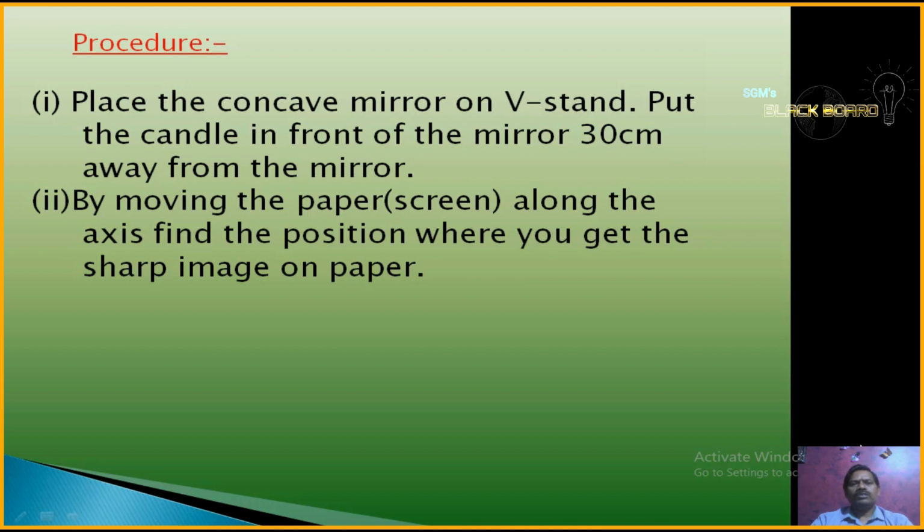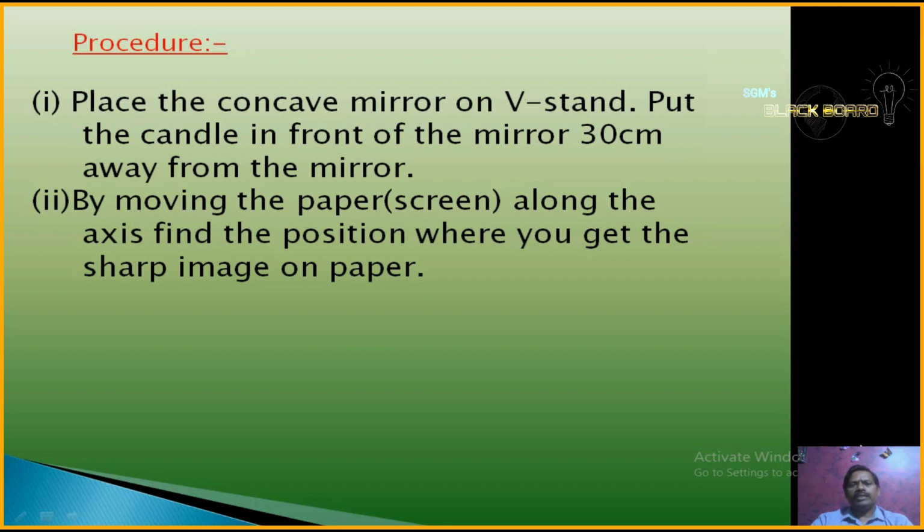In the procedure, first place the concave mirror on the V-stand. Put the candle in front of the mirror 30 cm away from the mirror. In this activity we have taken 35 cm; you can take 30, 40, 50 like that. By moving the paper along the axis, find the position where you get the sharp image on paper.